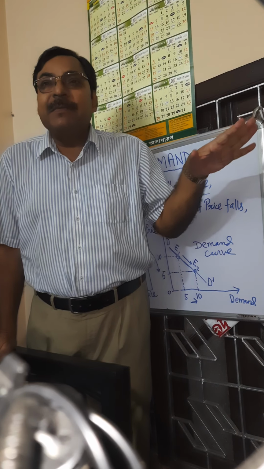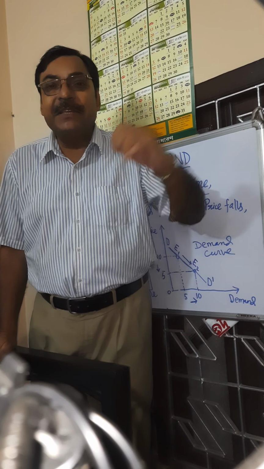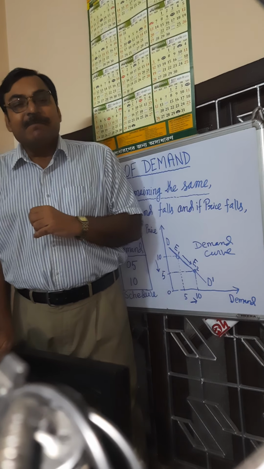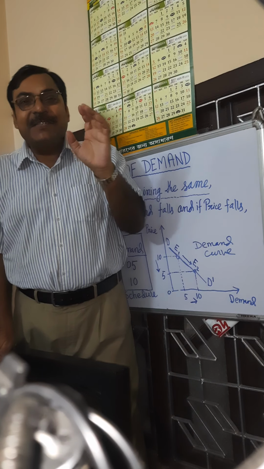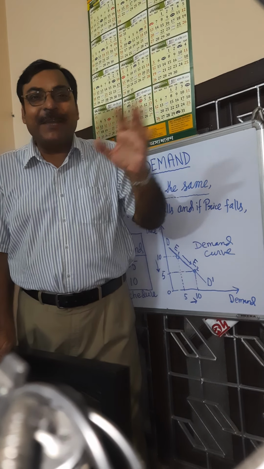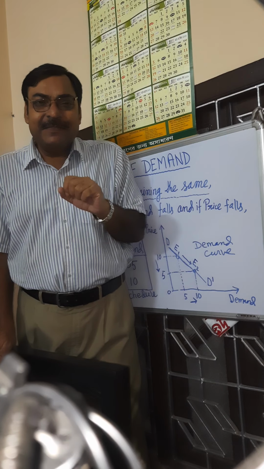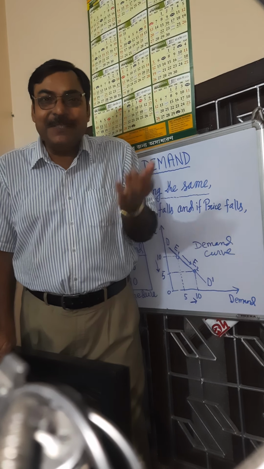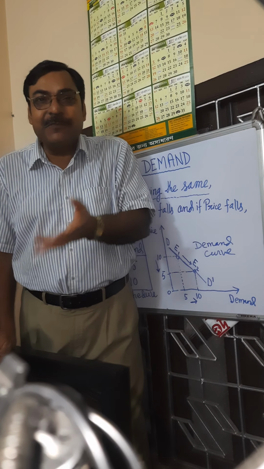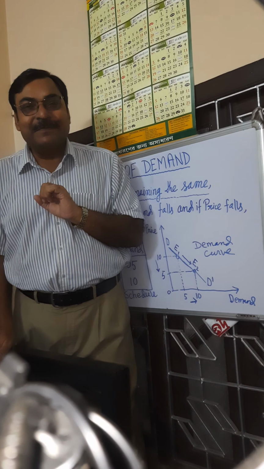Although money income is unchanged, our real income is changing due to a change in price. Suppose the price of a commodity is ₹5 and you are purchasing 4 units. What is the expenditure? 5 is the price, units purchased 4, 5 into 4, 20 is the expenditure.